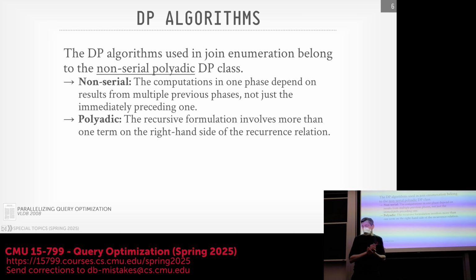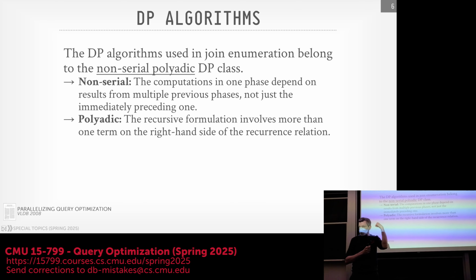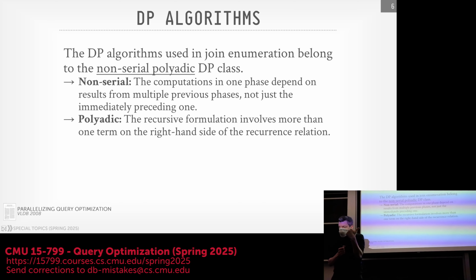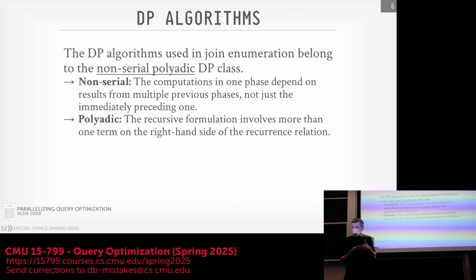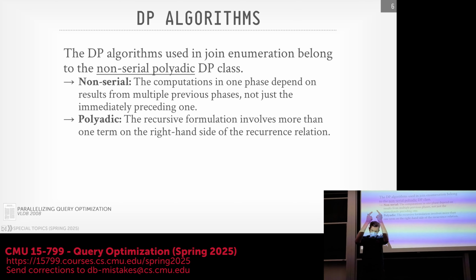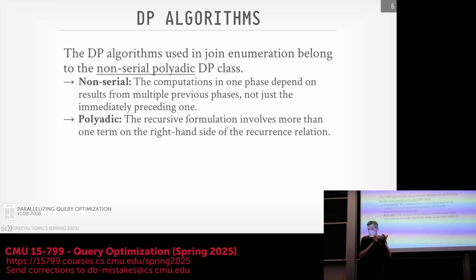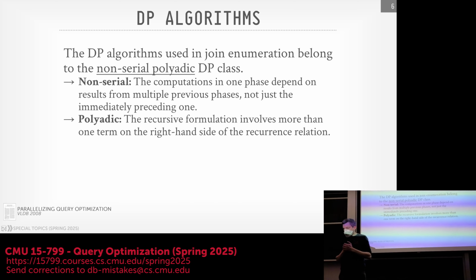A lot of times in dynamic programming, all I care about is the last level. But in this world, we care about everything since the beginning of the query, because in order to know how to join things up above, I'm relying on some computation I did at a lower part of the tree, assuming I'm going bottom up, to figure out the optimal join ordering for some tables down below.